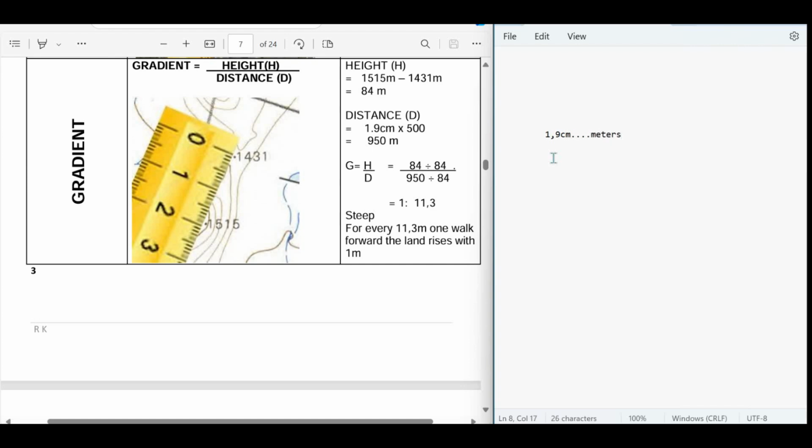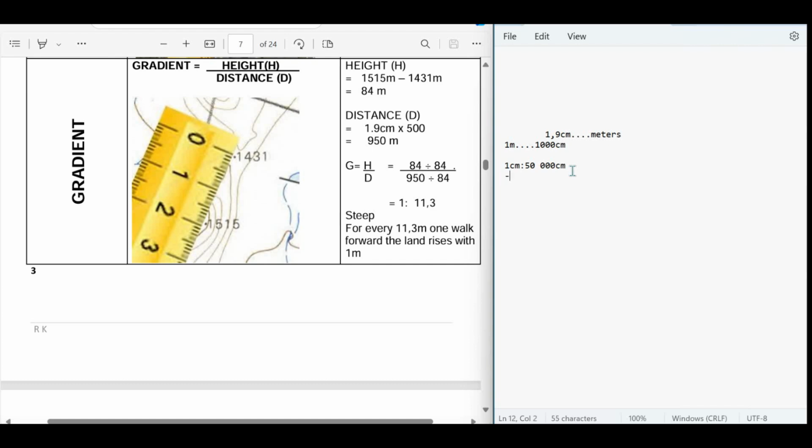We all know that 1 meter has 100 centimeters, and the scale of a topographical map is 1:50,000, which means that 1 centimeter on the map that we are having represents 50,000 centimeters on the actual ground.